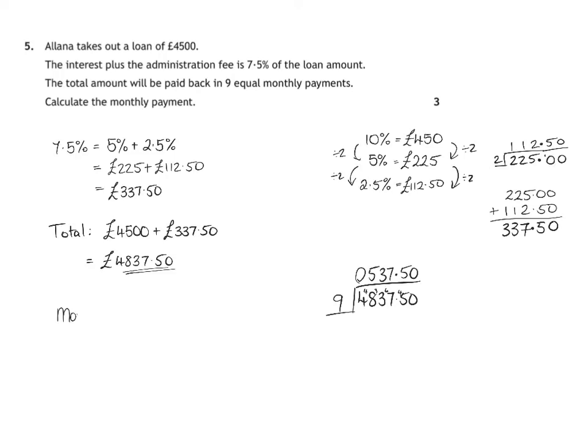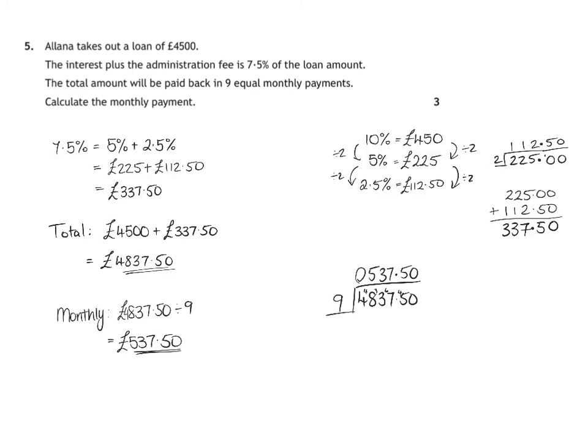So monthly, making sure it always makes sense to write down kind of what we're doing. So we did our £4,837.50 divided by 9, which gives us our £537.50 payments. So marks here, so it's out of 3, quite a lot of working in here.